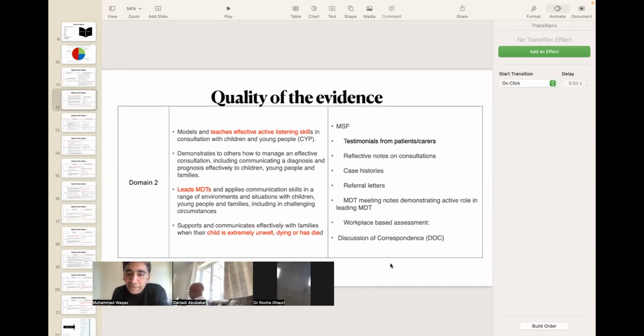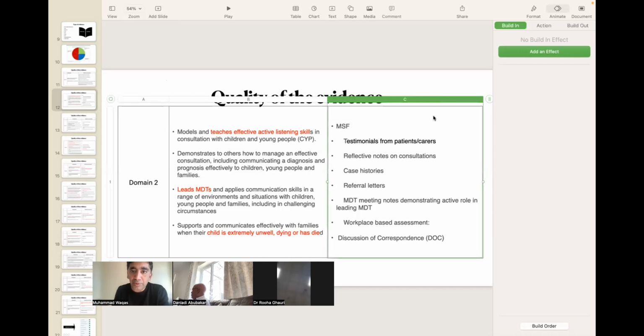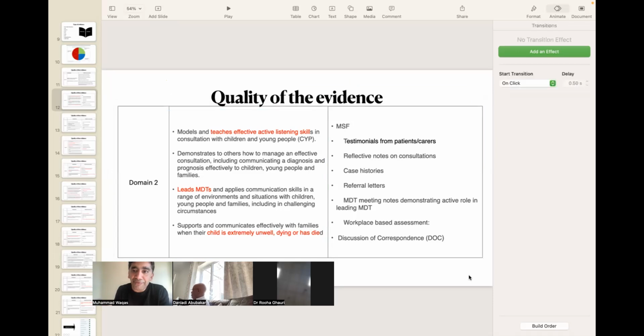So minutes of the meeting are the easiest way to do that, because they show what happened during the meeting, what kind of professionals were involved, and what you did. So you are basically providing evidence of what you have done, and you qualify for this competency, being a leader in an MDT.